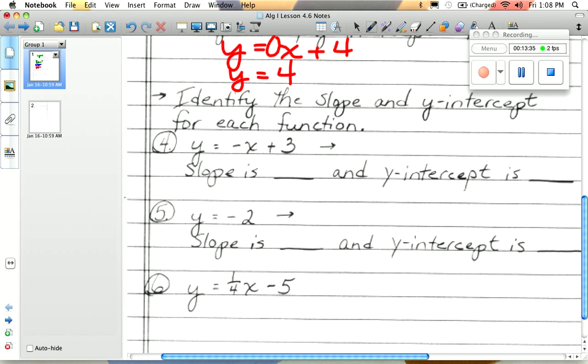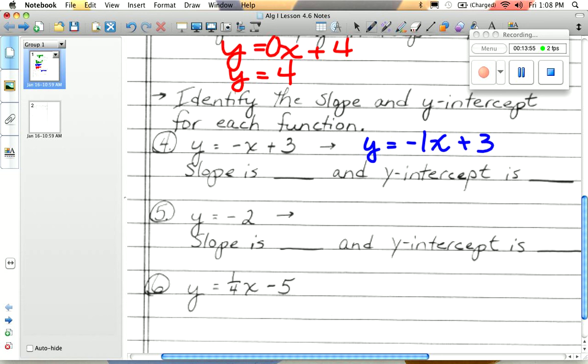Is there something I could rename that as that might help us determine it a little easier, Jay? Instead of negative x, you could put negative 1x. So instead of negative x, that's really the same as negative 1x, right?